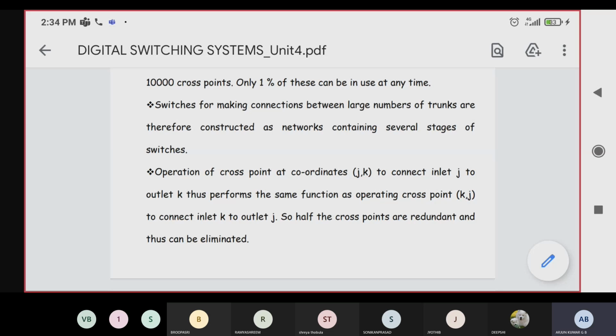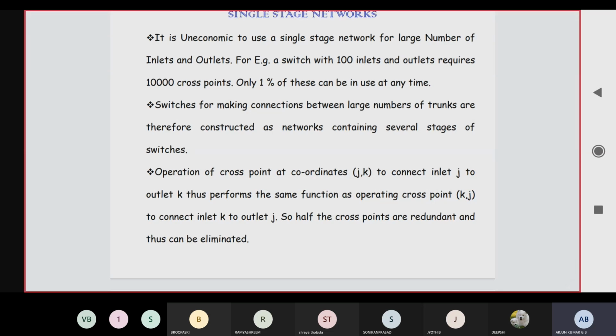Then the operation of crosspoint coordinate JK to connect inlet J to outlet K performs the same function as operating crosspoint KJ to connect inlet K and outlet J. Suppose in that crossbar mechanism there are two points, J and K. If you make the connection from inlet J to outlet K, the same connection can also be operated from K to J. Meaning for one connection we are using two different ways. So half of the crosspoints are redundant in these connections.